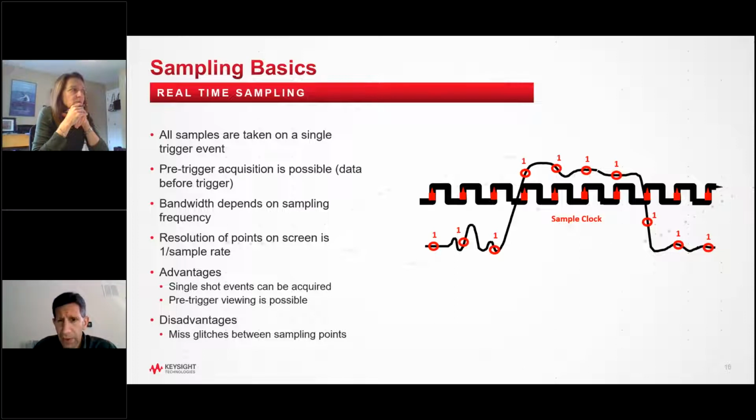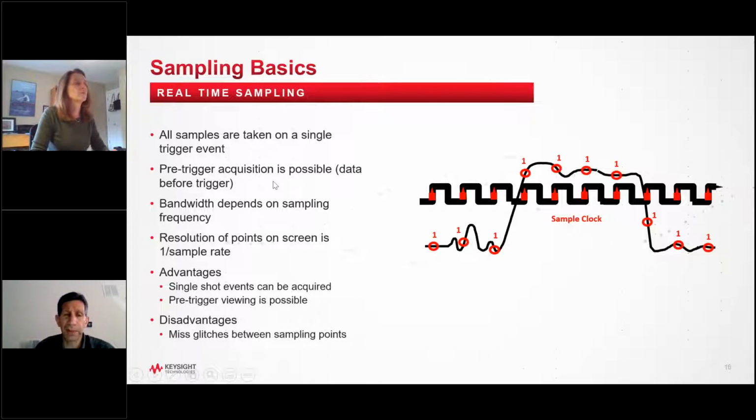So you see the bold is the sampling clock, and we're taking a sample point at the rising edge of each clock. And then the circles represent the actual samples, the A to D samples, and then the oscilloscope does the rest, and it connects the dots.